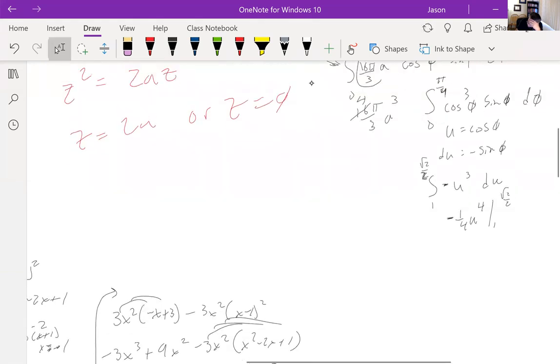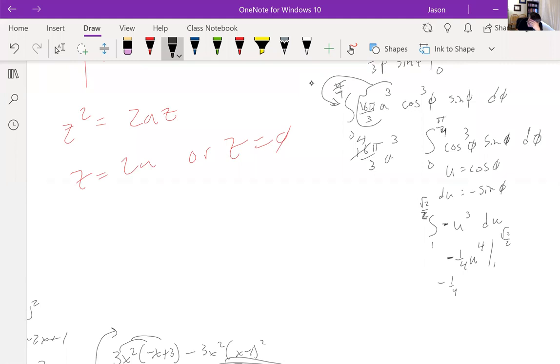So this is negative 1/4 times radical 2 to the 4th power minus 1 to the 4th.